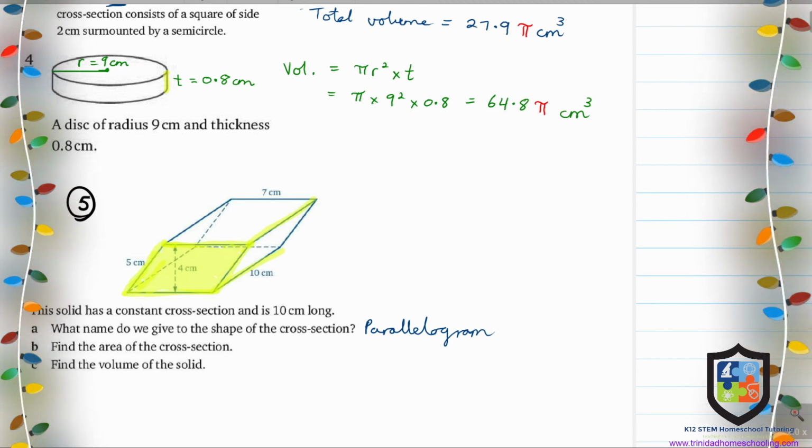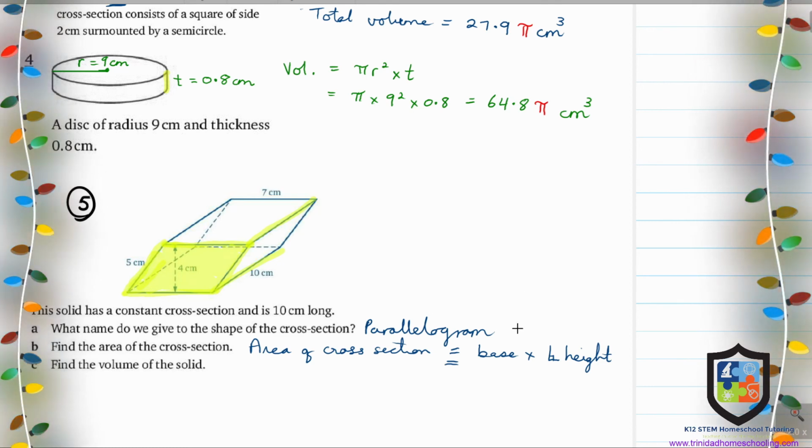From our last lesson, how do we find the area of the parallelogram? The area of the parallelogram, or the cross section in this case, is base multiplied by the perpendicular height.